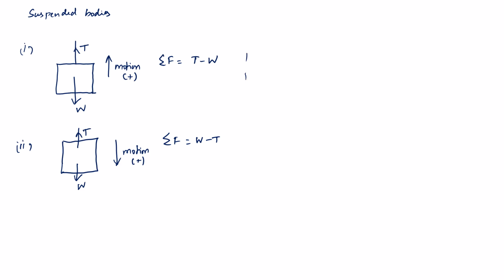Additionally, now we are going to see the suspended body combined with a block sliding on an inclined plane. That will be case 3. We have a suspended body sliding on the inclined plane. This is theta.